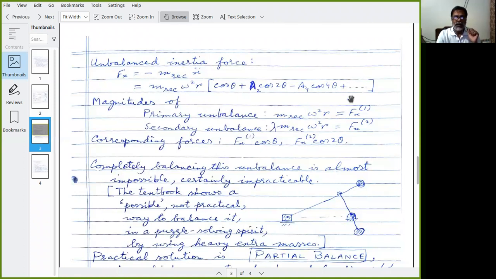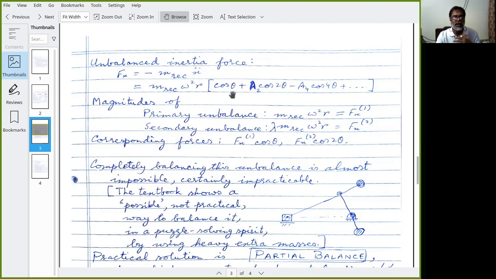About balancing which we may like to think something. Now we call the magnitude of the primary unbalanced force as this. The cos theta is actually not just the direction, in a way it is the phase.